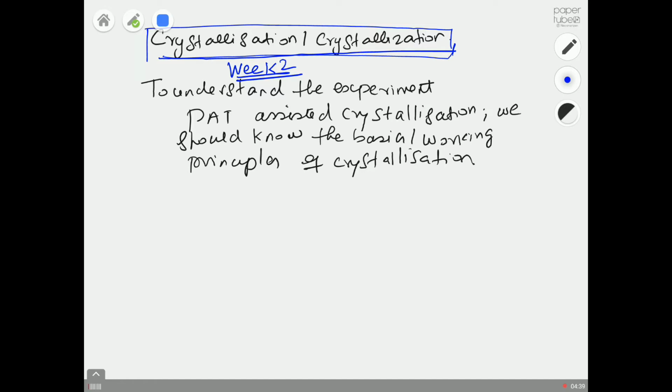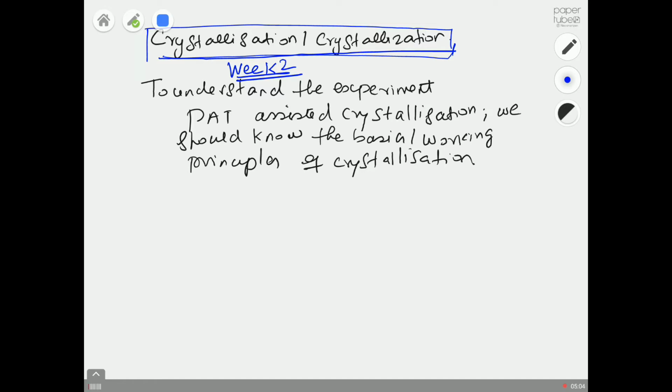That's why I decided to spend some time this week explaining the basics of crystallization. If you look at your book of modules, you have a separate chapter on crystallization. I will cover crystallization completely this week. If I manage to finish, it's good. If not, I will continue a bit in week 3 as well.